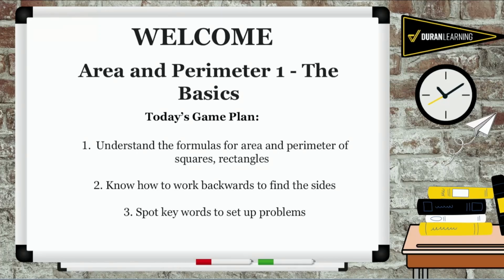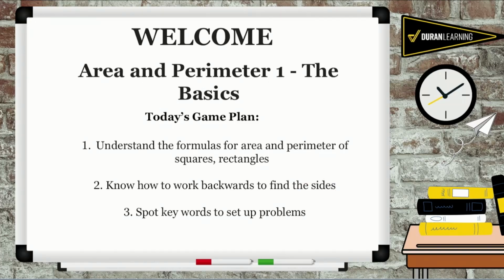And I promise you, regardless of what your skill level is, my goal is to take it to the next step, nice and easy. So number one, we're really going to be understanding these formulas for squares and rectangles, for area and perimeter. From there, we'll be practicing a bunch, looking at a ton of examples, especially knowing how to work backwards from the perimeter or area to get back to the sides.